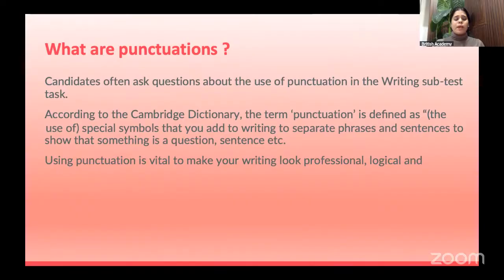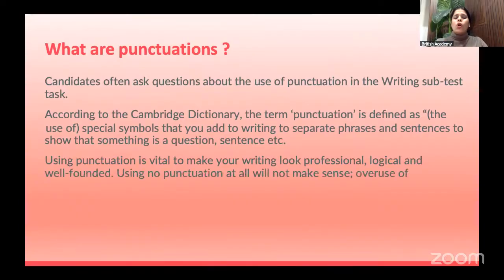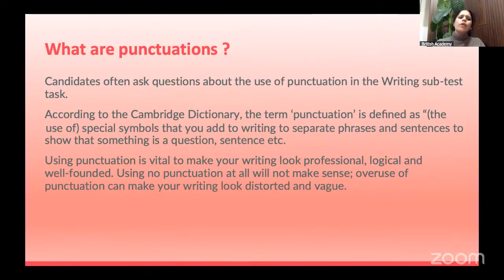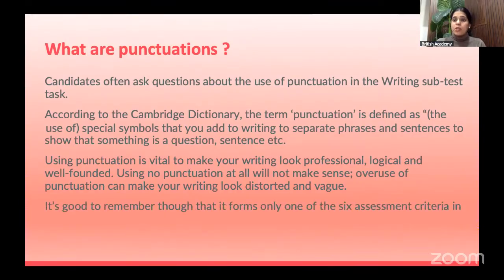Using punctuation is going to make your writing look professional, logical, and well founded. If you do not use any punctuation at all, it will not make sense. However, if you overuse it, it can make your writing look distorted and vague. So it is very important to remember how punctuation has to be used.